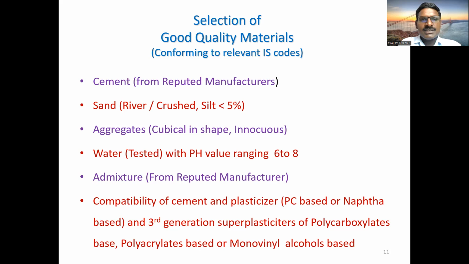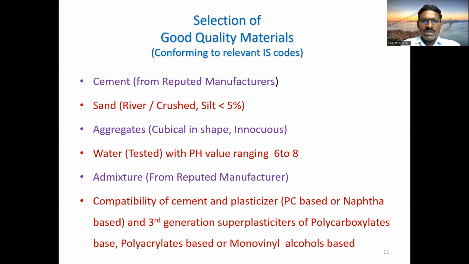Again the same for sand, there are Indian Standard requirements: how much the fineness modulus of sand should be, and how much silt content should be present in the sand, not more than that. So such IS requirements are there, and as per the IS requirements we have to use the materials, and those materials are good quality materials.